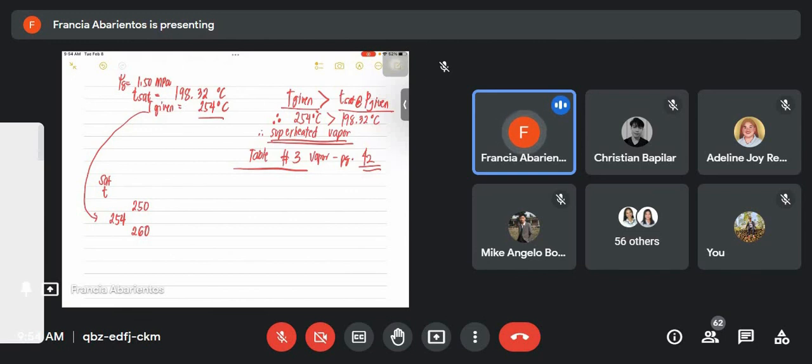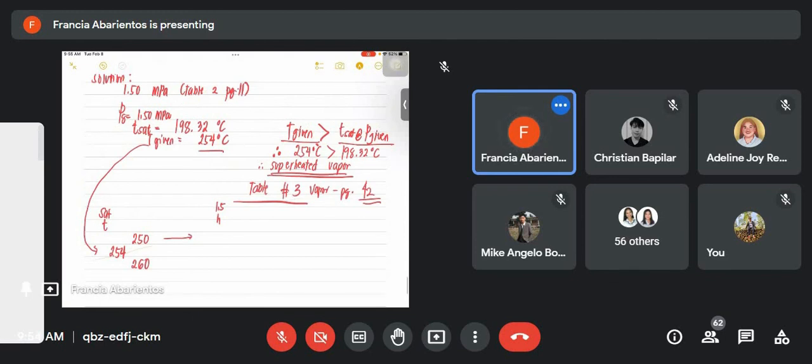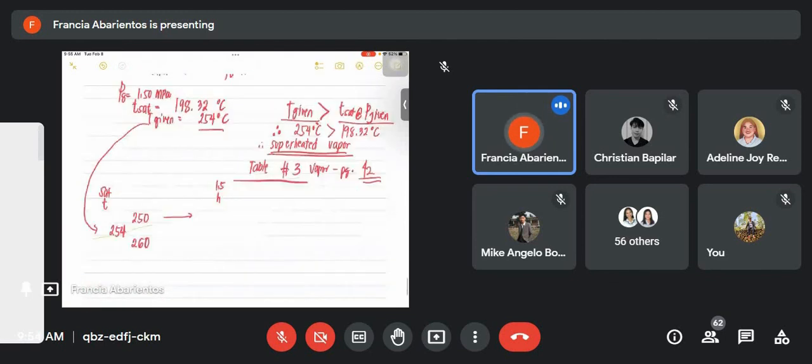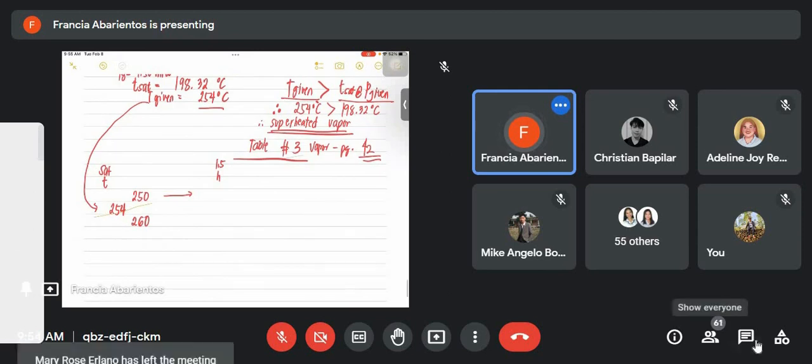Celsius. Go to your ruler, go to the letter H, at 1.5 megapascals, because what we are looking for is the enthalpy of the steam. What is the value there, class?